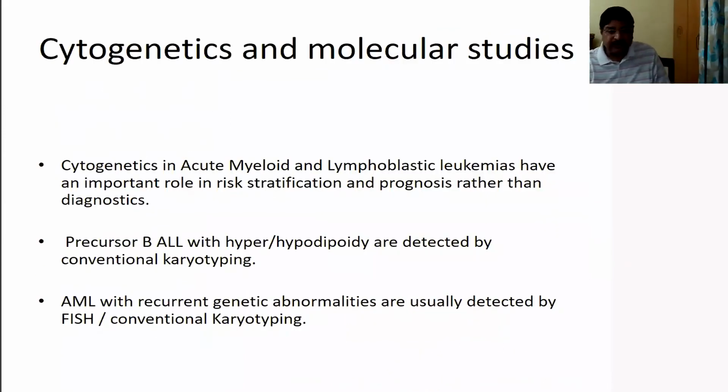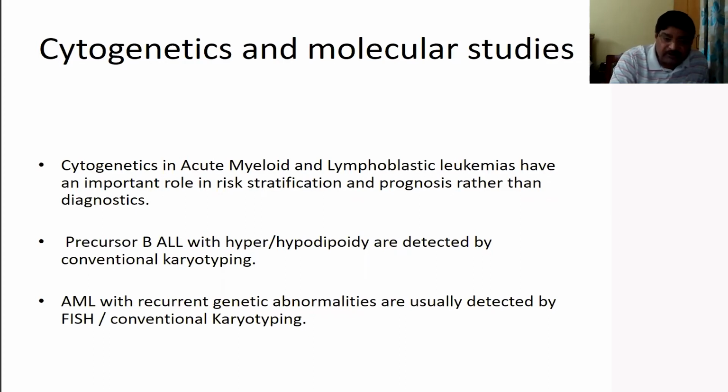Cytogenetics in acute myeloid leukemia and lymphoblastic leukemias has a great role in risk stratification and prognosis rather than in diagnosis, except for something like t(15;17) in promyelocytic leukemia and t(8;14) in Burkitt's leukemia lymphoma. So if you have precursor B-ALL, you need to know whether they are hyperdiploid or hypodiploid. Hyperdiploid has good prognosis, hypodiploid poor prognosis, by just conventional karyotyping.